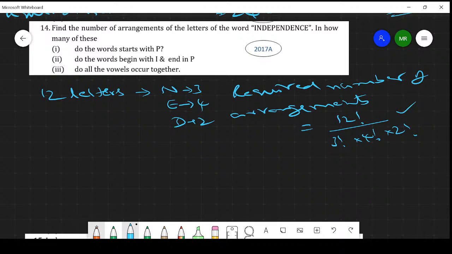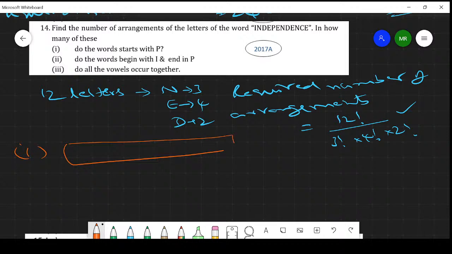Now I'm going to discuss the first case. See the first one: do the words start with P? So in the extreme left position, you can fix P. Then when we count the arrangements, the remaining letters we should consider are 11.